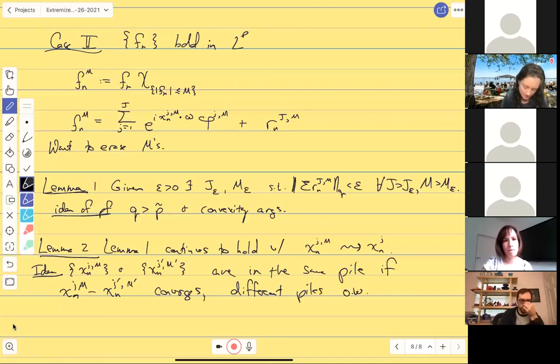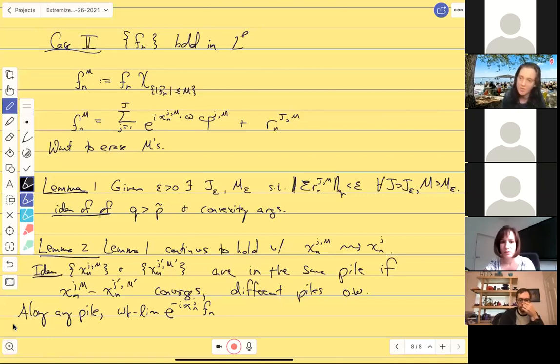So along any pile, the weak limit of e^{-i x_{n,j}} f_n, notice that there's no n here because anytime I have a pile, I can pick one representative, has a non-negligible extension. However, if they're distinct piles, they have good L^q orthogonality.